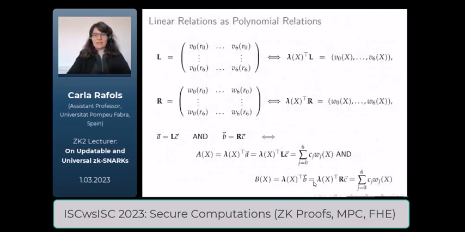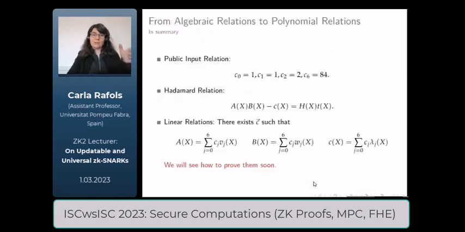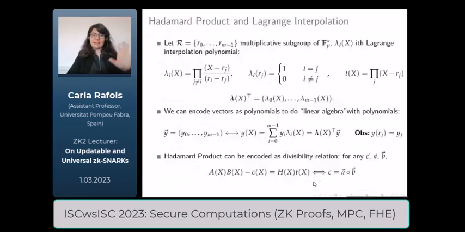The main idea is that I can also encode each of the matrices that define the relation. So I can encode each of the rows as an equation at a different point of R. Here it's a similar idea.